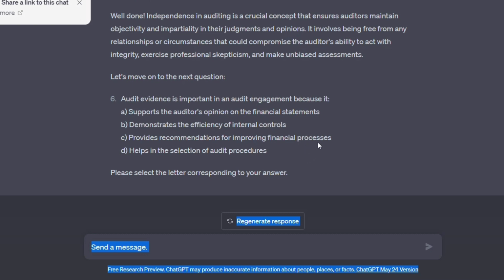This is the secondary objective. Helps in the selection of audit procedures. No, audit evidence is already the result of the audit procedures. So it comes after the selection of audit procedures and testing. Okay, so I'm gonna have to answer letter A.